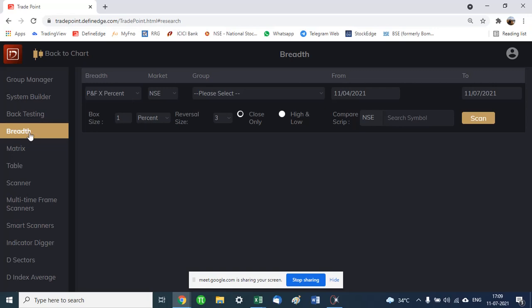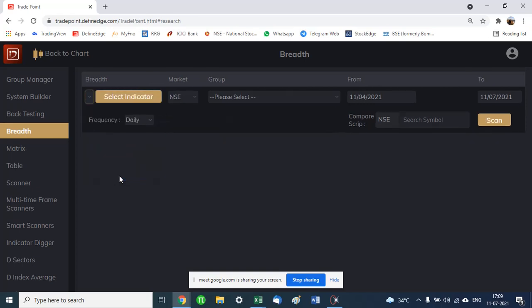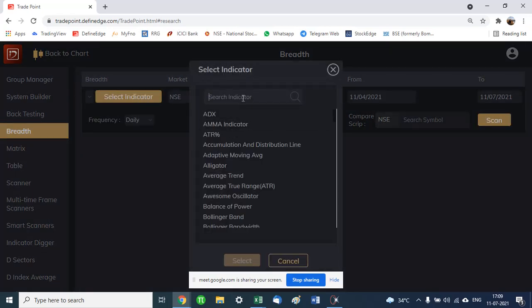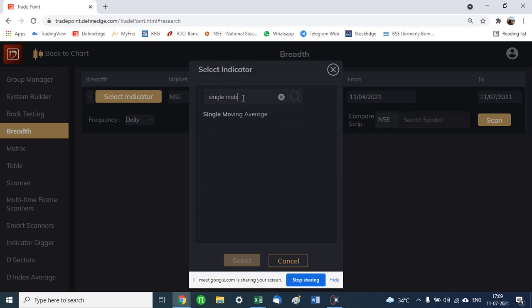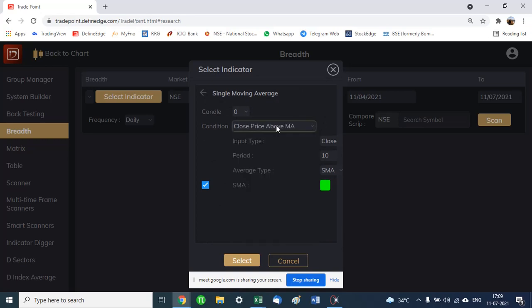So we select breadth, we select OHLC indicator breadth, indicator moving average, single moving average. We want the closing price to be above the moving average, so we select that option, close price above moving average. Let's say 20 period. So we want to see how many stocks in the Nifty 50 right now are trading above the 20-day moving average. That is what we are doing here, right?